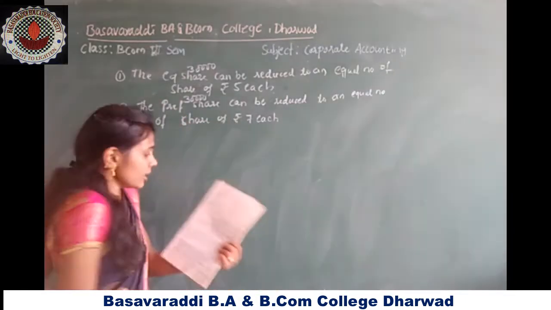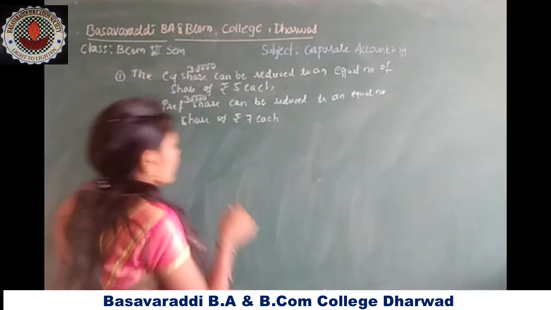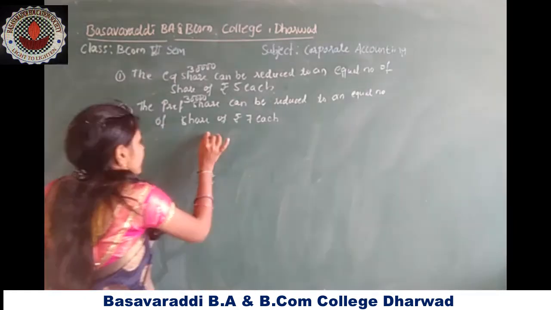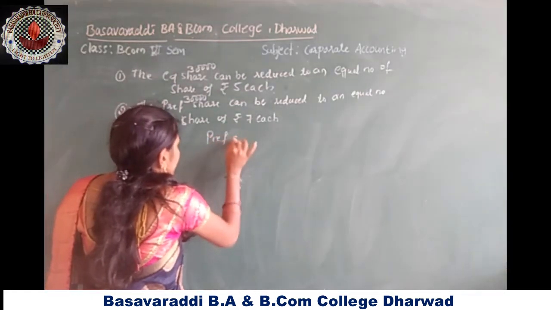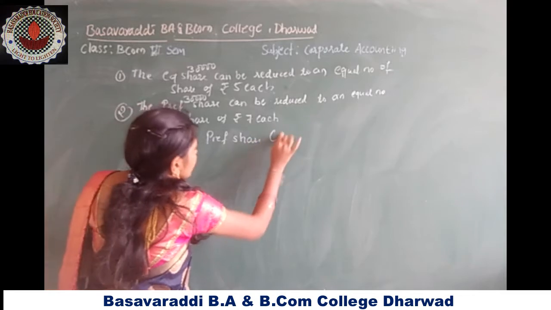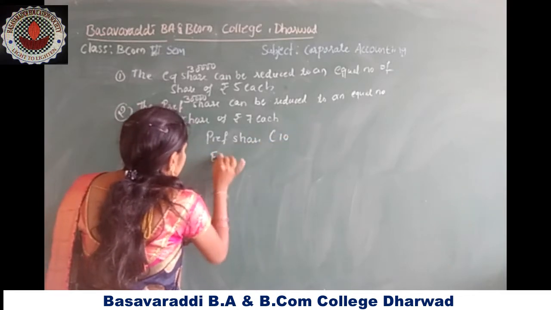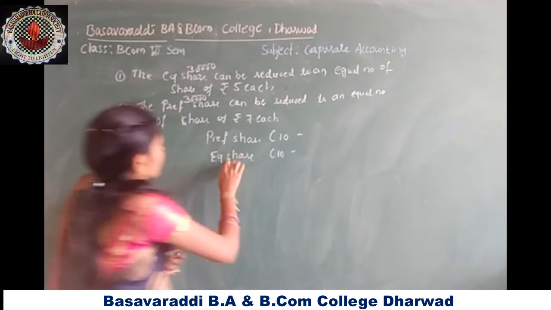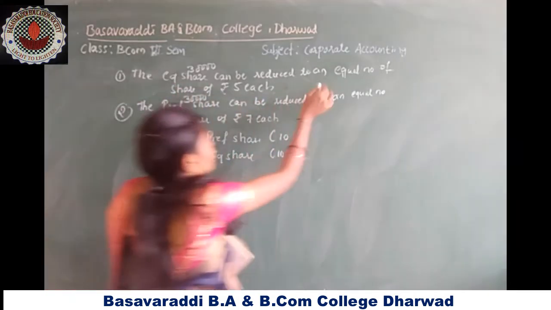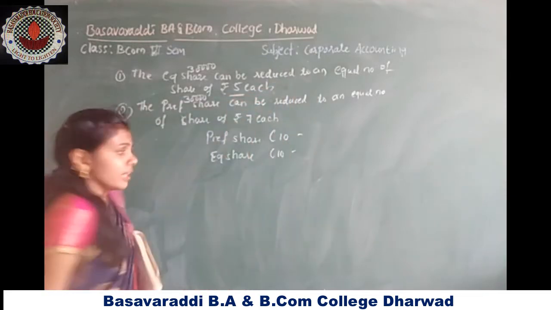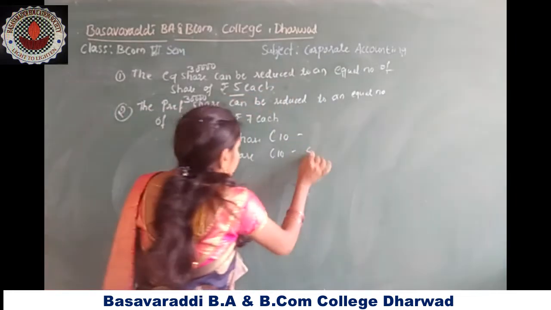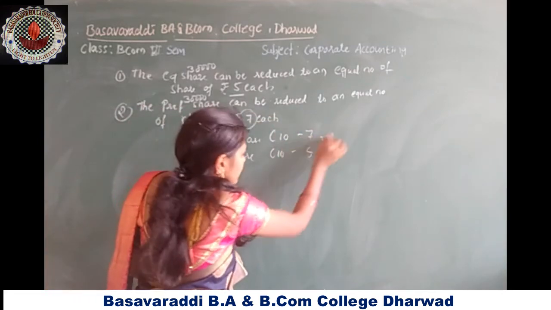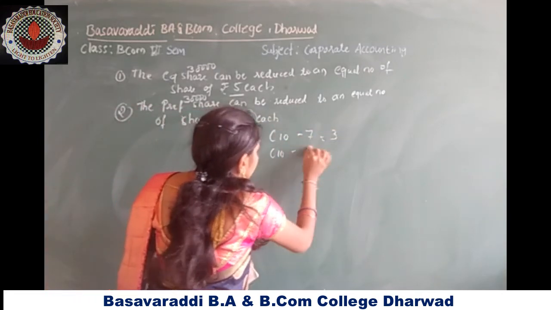Reduced to total face value rupees 10, both the preference shares as well as equity shares have face value 10. Next, equity shares are reduced to 5, and preference shares to rupees 7 each. 10 minus 7 is equal to 3. 10 minus 5 is equal to 5.